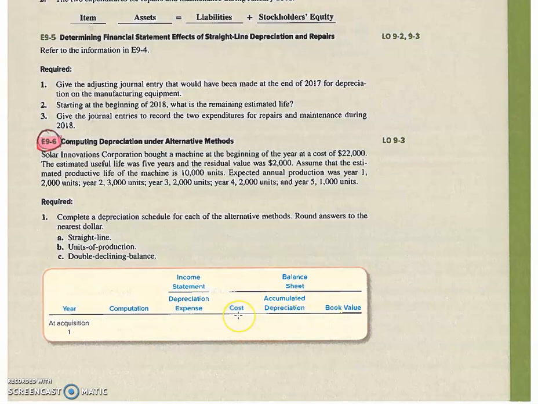So cost is going to be $22,000. For straight line, I'm going to take $22,000 cost minus $2,000 residual value, which gives us $20,000 of depreciable cost. I'm going to divide that by 5 years, and that'll give us $4,000 per year.